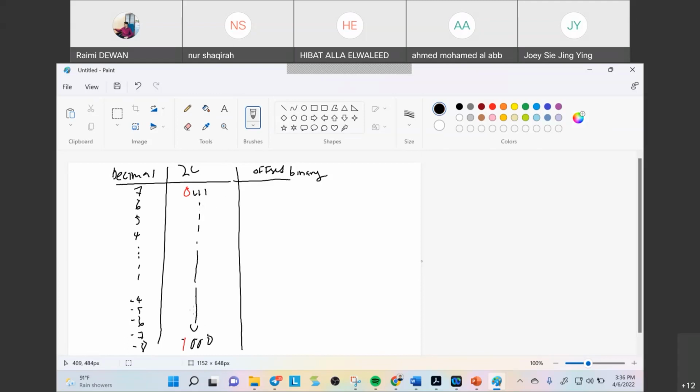The maximal positive number we represent as all ones, and the most minimum we represent as all zeros.